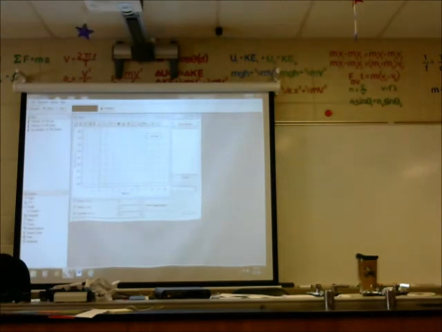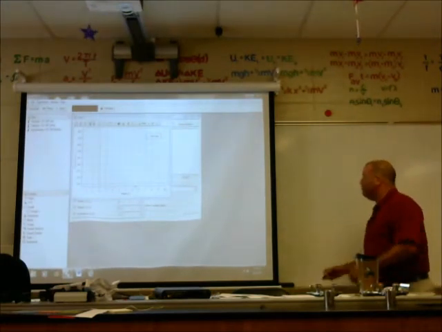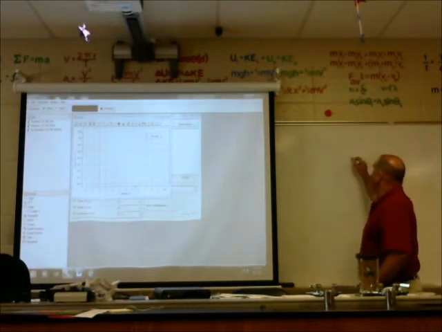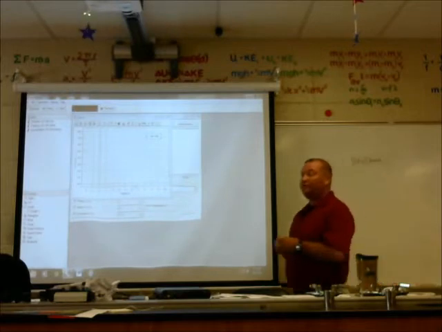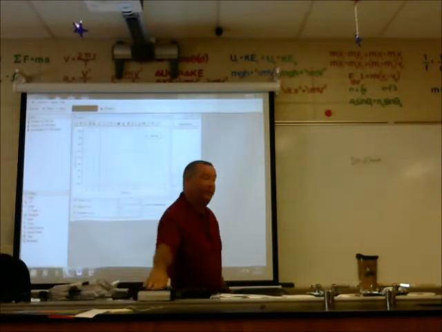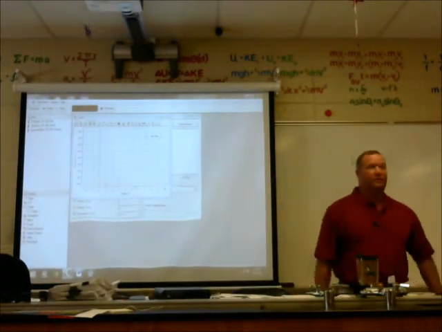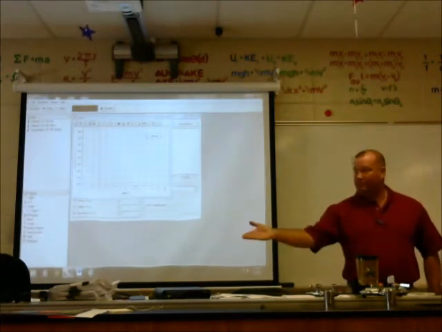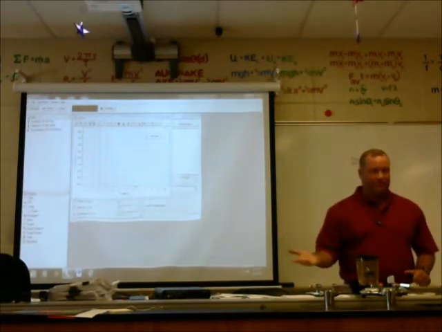So mathematically, what's the first measurement we can make? The car moves from there to here. We can measure how far it's moved, correct?